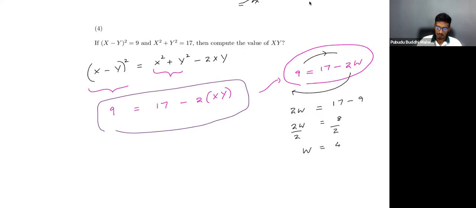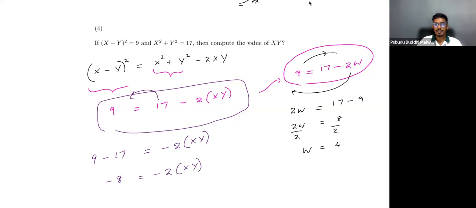So like this, I'm going to move this minus 2xy to the other side. If that is confusing, you can keep that, no worries. You can move 17 to the other side. 9 minus 17 equals minus 2 times xy. Minus 8 equals minus 2 times xy.